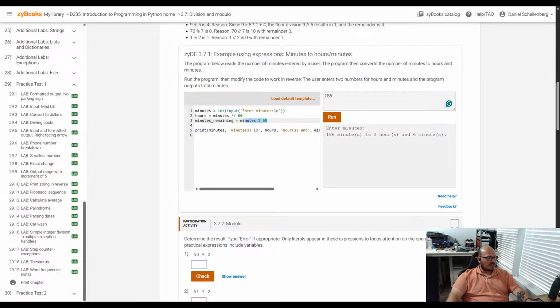So the formula is 186 minus 3 times 60 equals 186 minus 80. Oh, is it? No. If this makes sense to you, feel free to type it in the chat, but I'm still struggling here.